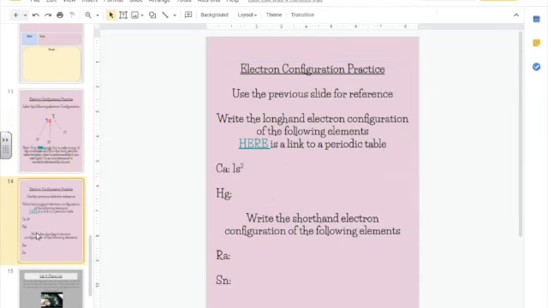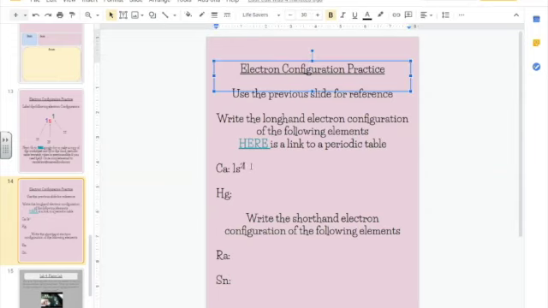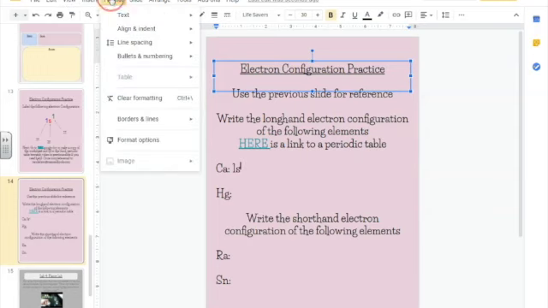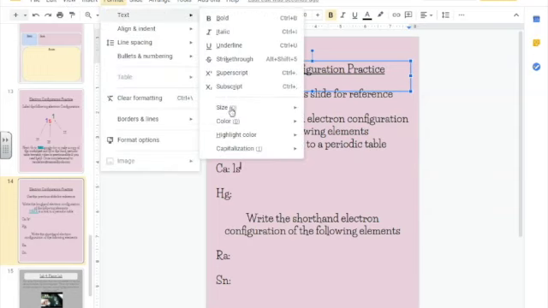Now that you know how to write the longhand electron configuration and the shorthand electron configuration, you'll need to answer these 4 questions. These 2 are longhand, these 2 are shorthand. How you get superscripts is if you go to Format, Text, and then that'll be a superscript.